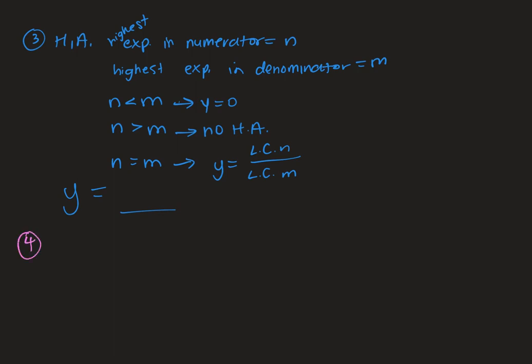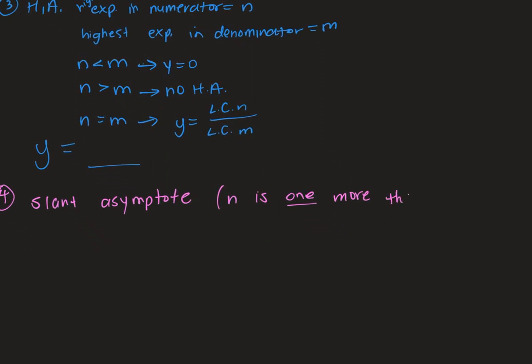We look and see if there's a slant asymptote. And for these, the n is only 1 more than m. And this we'll practice today because we didn't get to it yesterday.